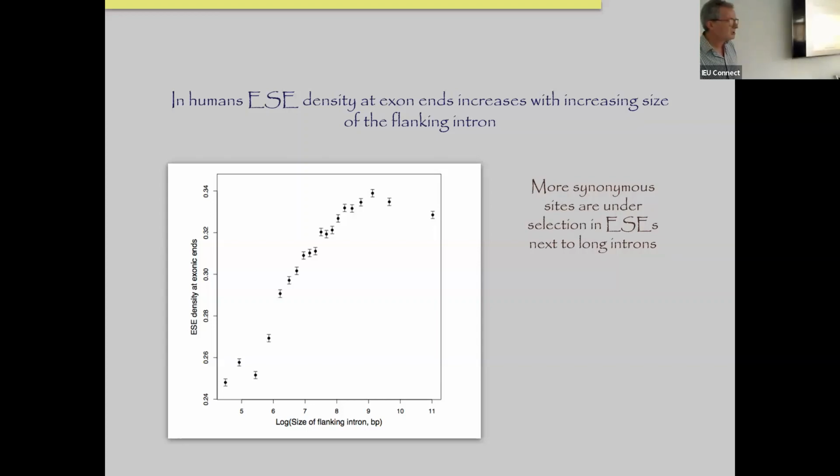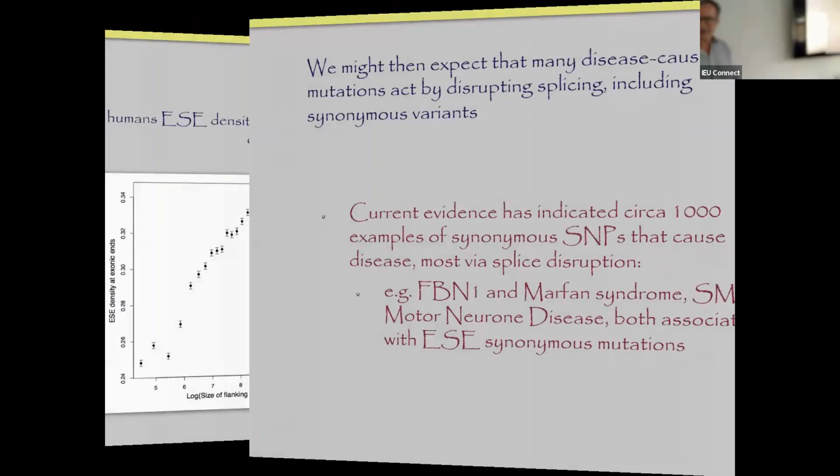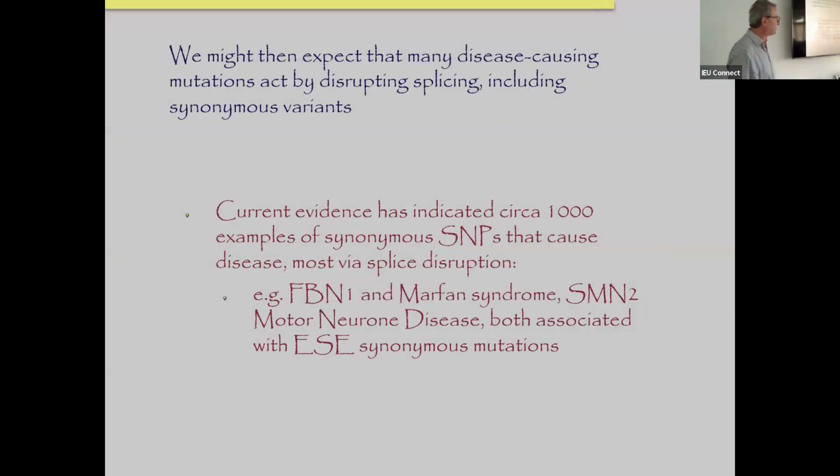We solve it in part by building in these ESEs, but then of course comes the problem: if we keep on having this problem, what happens if you have a mutation that disrupts an ESE? Is this going to be a cause of disease? The answer, from a number of case histories, is yes. There are now at least 100 different genetic diseases that we know are associated with mutations that disrupt an ESE and cause a missplicing event.